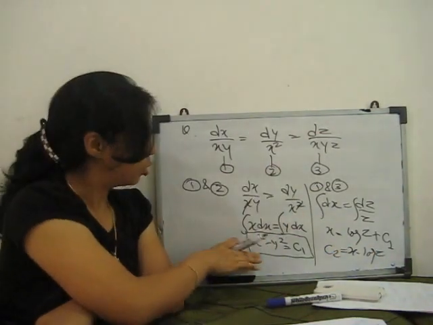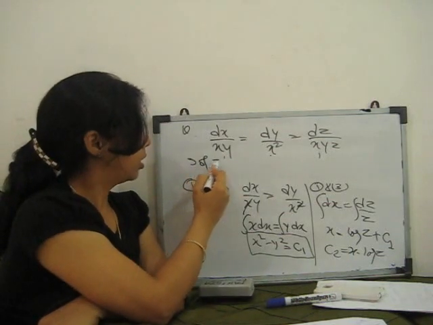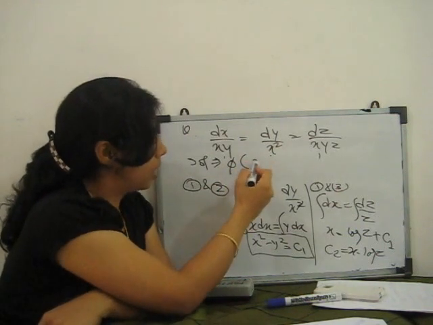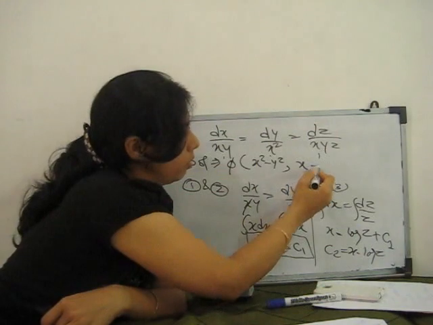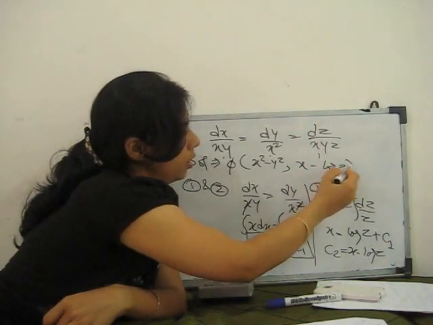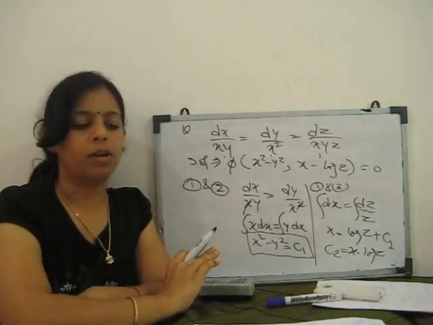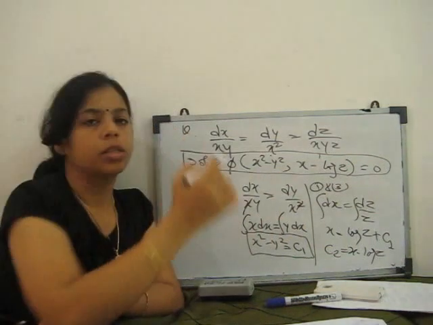Hence our required solution, the complete solution, is given by phi of c1 comma c2, where c1 is x square minus y square, comma c2 is x minus log of z, equal to 0. So this is our required complete solution for the given equation.